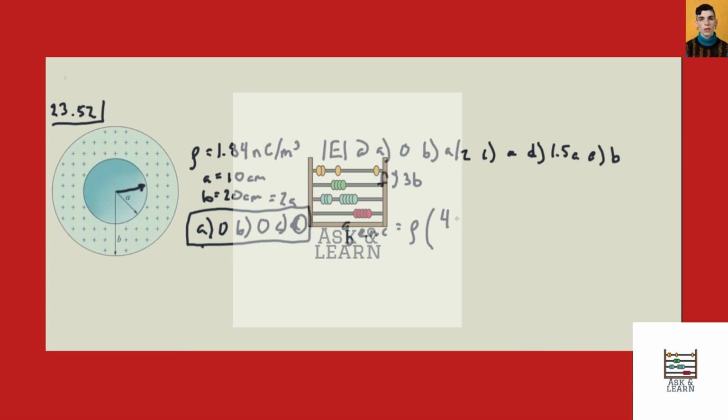So the volume of our Gaussian surface will be 4/3 pi r, our coordinate, cubed, and we just subtract out the missing volume here, which is 4/3 pi a cubed. If I could draw a 4 that is legible. There we go.